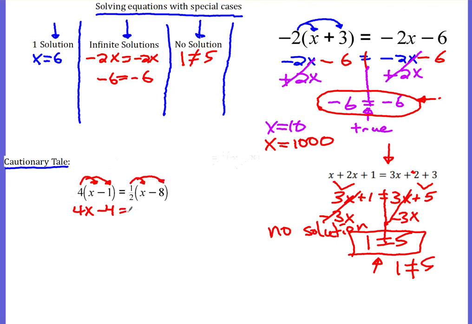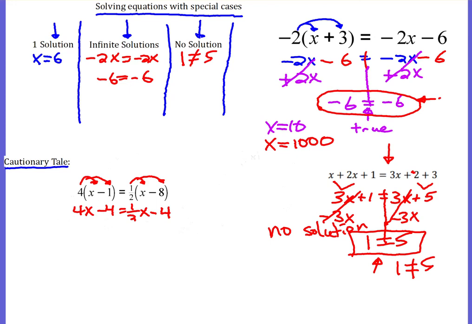On the right-hand side, I get 1/2 times x. That's just 1/2 x. And 1/2 times negative 8, that's the same thing as taking negative 8 and dividing it by 2, which gives me negative 4. So if I go through and solve this, let's try to get everything on one side.